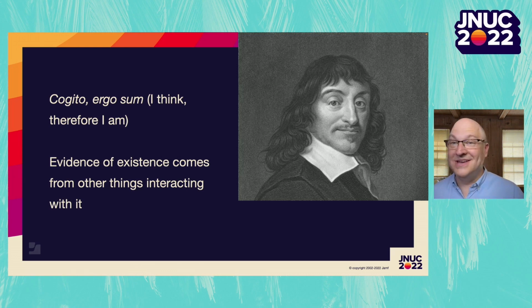The third scenario is that there's some evil genius playing with his head. If you ever saw the movie Matrix, that's what we're talking about. In case Rene is stuck in the Matrix, how does he know he actually exists? And that's when he comes up with this idea called cogito ergo sum. I think, therefore I am. I am a thinking thing because, and that's where I'm getting to the end.